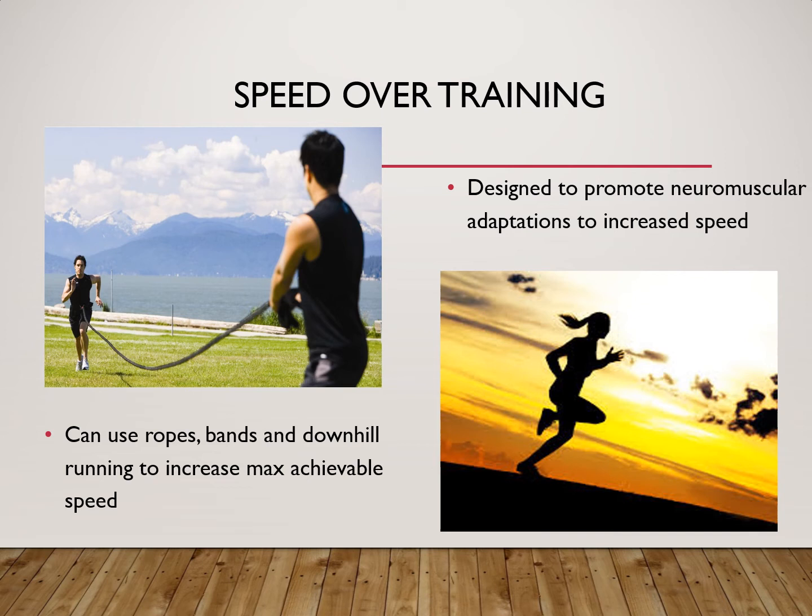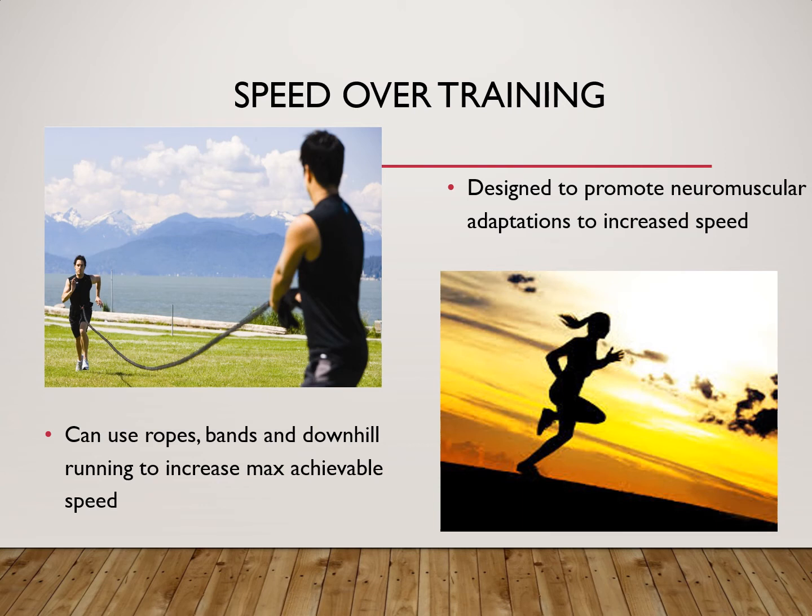And what this is designed to do is to promote the neuromuscular adaptations that are necessary to enable a greater maximal speed to be developed. So it's almost getting the body used to operating faster.